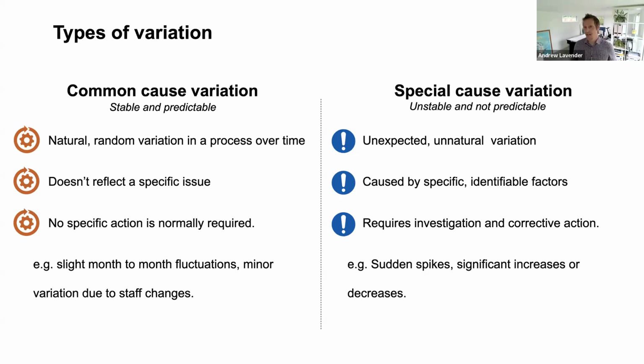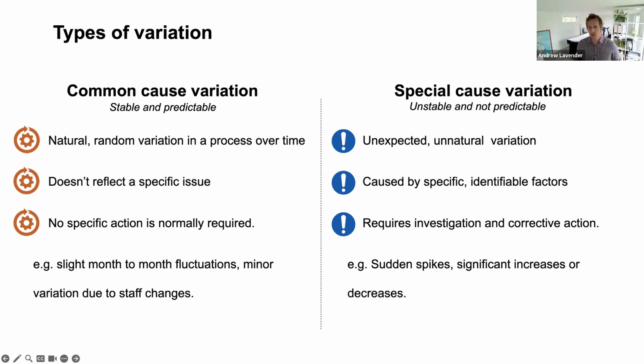We then have our special cause variation, which is where it gets a little bit more interesting. Here we've got things that are unstable and not predictable. This is the unnatural stuff, where we've got a real statistical change or statistical anomaly in our data.